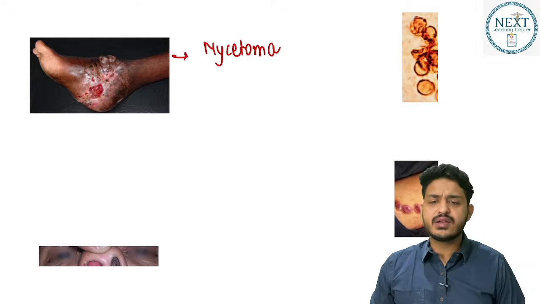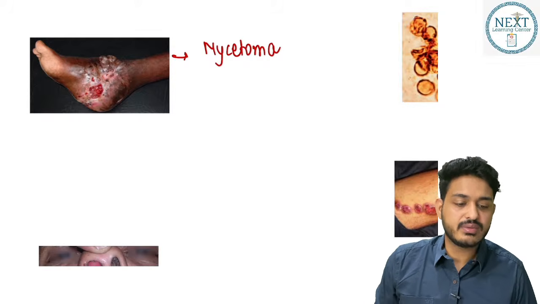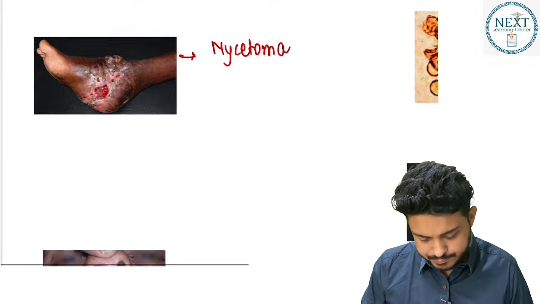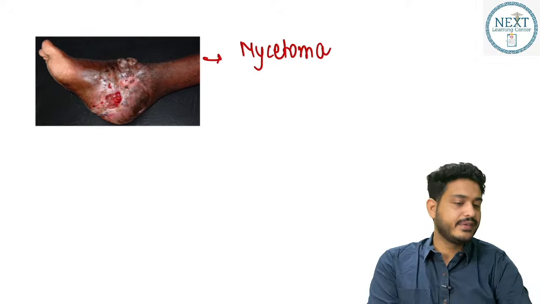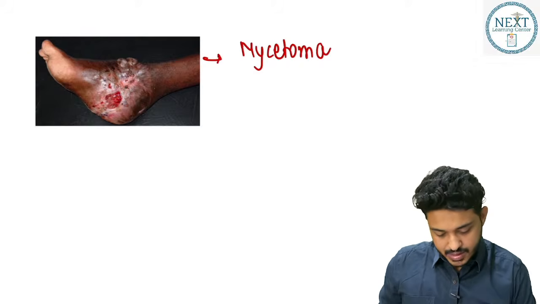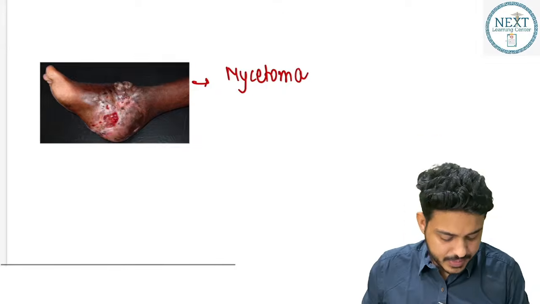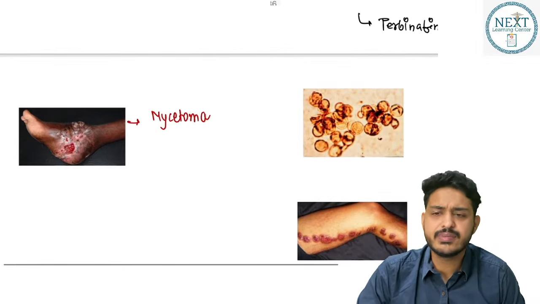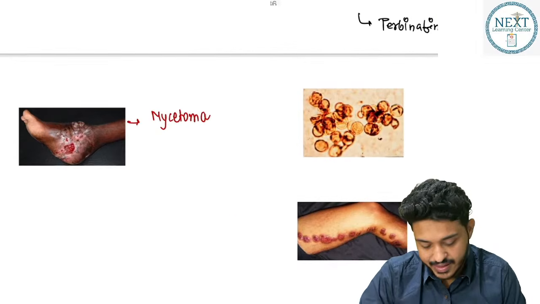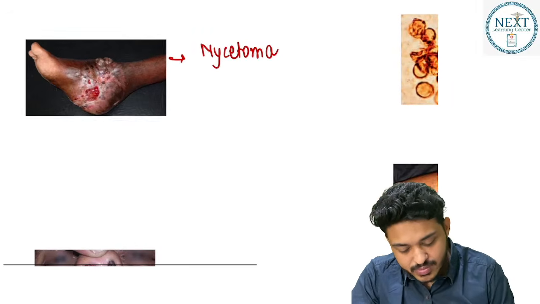Yes, for treatment we can give amorolfine also. We can give multiple things: ciclopirox, efinaconazole, tavaborole. We can use multiple drugs, but we are just writing the drug of choice, right? So this is your mycetoma or Madura foot.